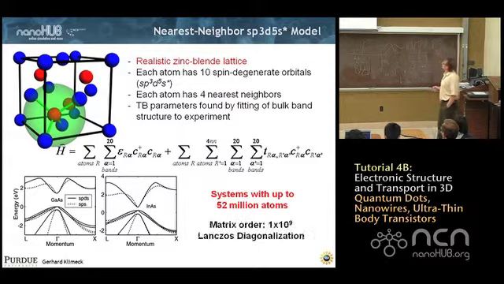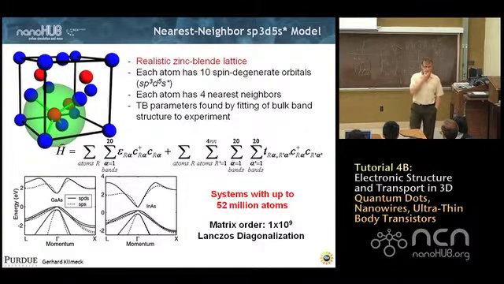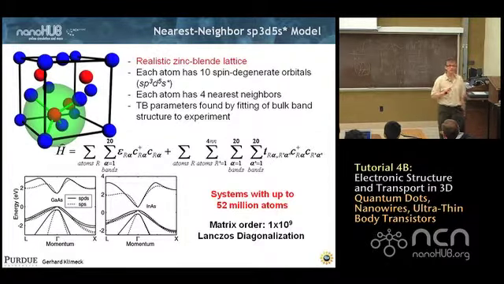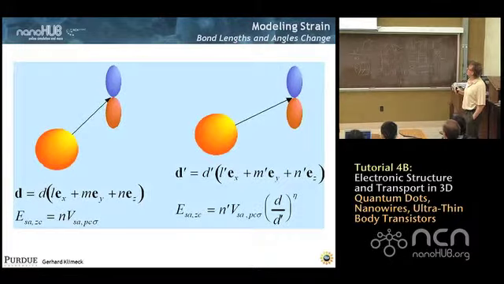All right. So we can do this with a system of 52 million atoms, to give you an idea, this is a matrix of 10^9 by 10^9 in a basis like that. That is not something you particularly write down by hand or solve by hand. Okay? The bond lengths and bond distortions are included.